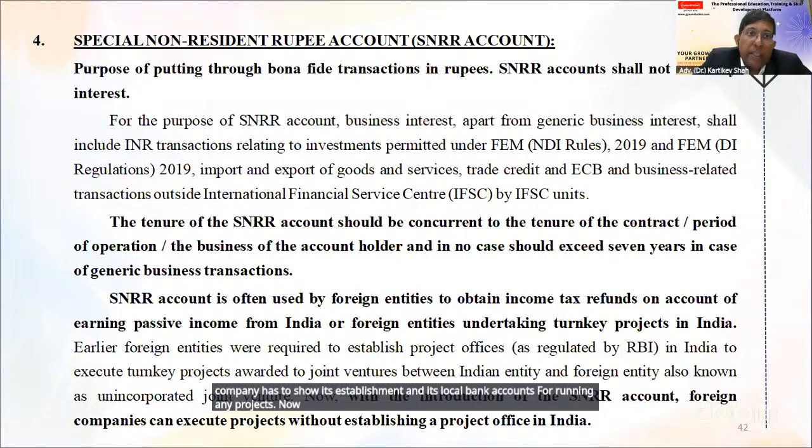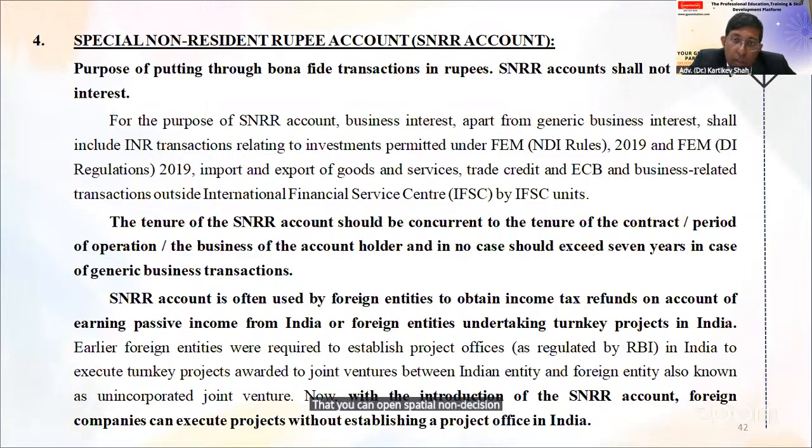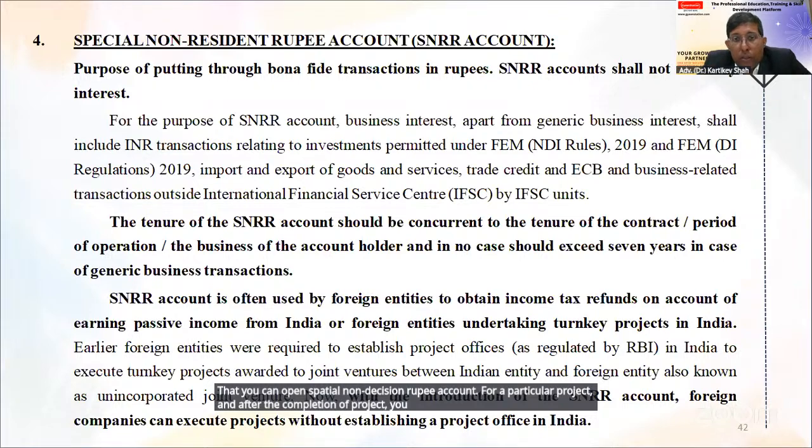Now the facility has been given to all foreign entities: you can open a Special Non-Resident Rupee account for a particular project, and after the completion of the project you can close that account. So for those persons, this account facility has been brought.